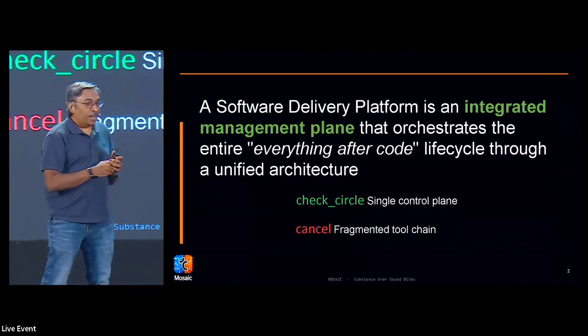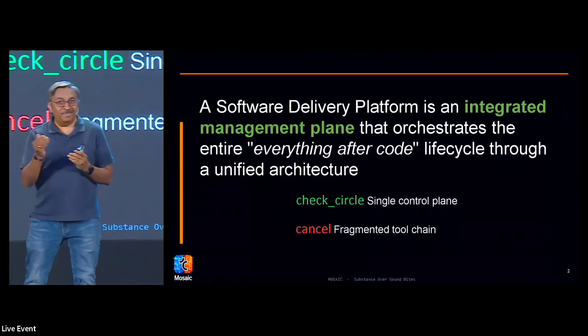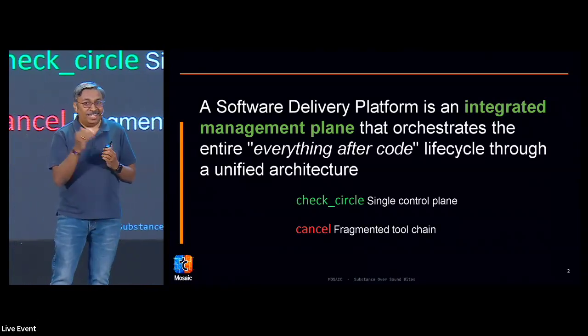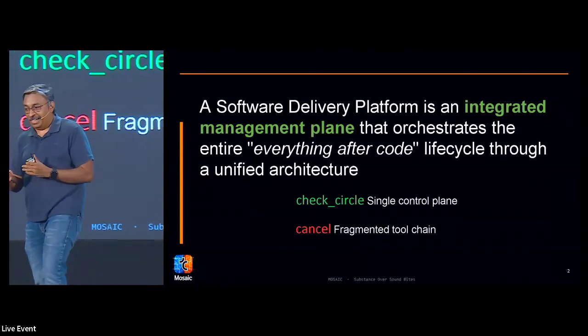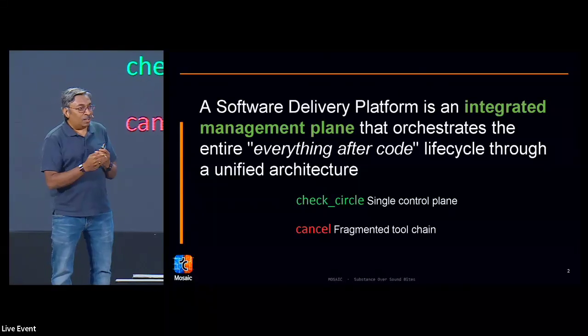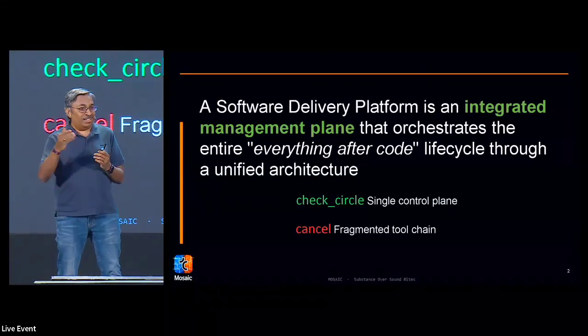After it is committed and the PR is approved, what happens? It goes to a CI pipeline, a continuous integration pipeline. What does it do? It first builds the software. Once it is built, it needs to be tested with several things.